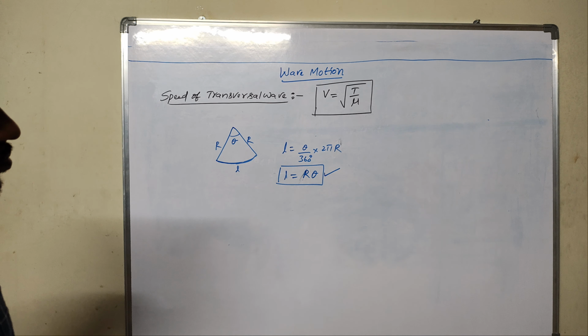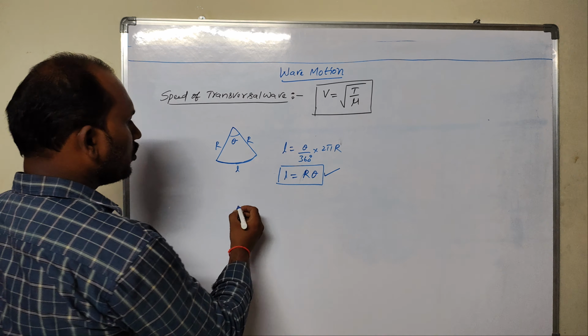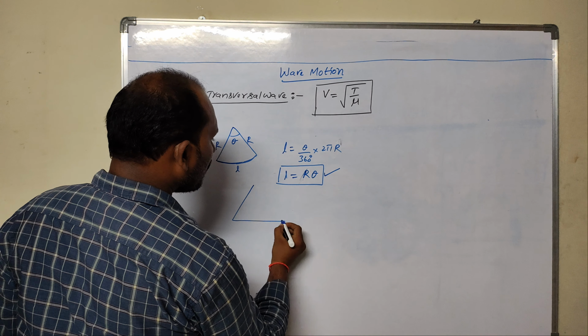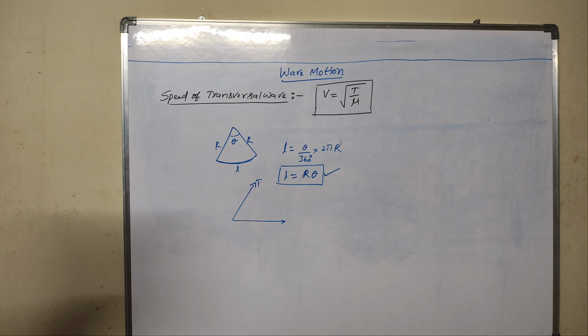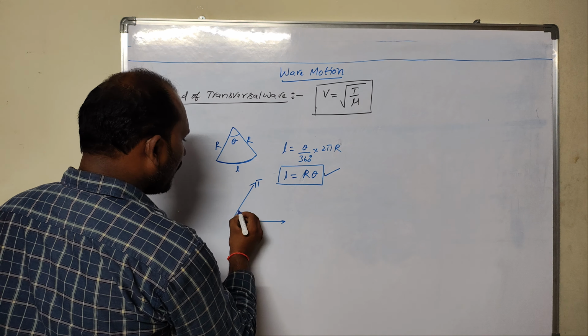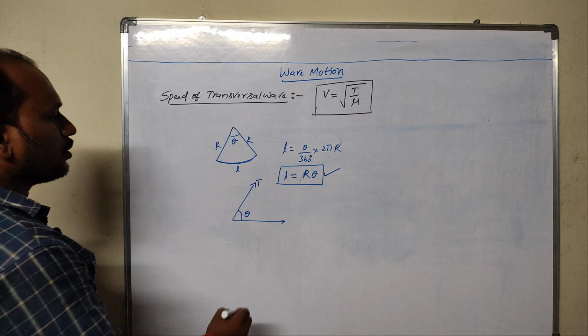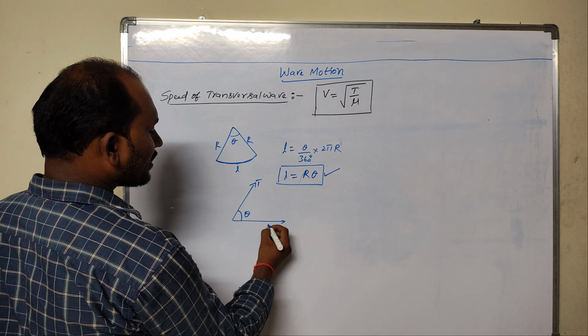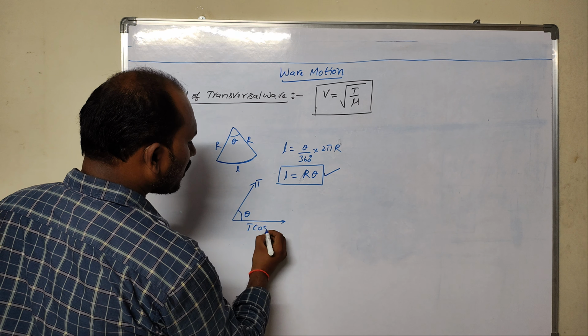Keep in mind. The second thing is that we want component resolution. Let us say T is the force acting on this, and the angle made by this one is theta. Now I want how much force is experienced along the x-axis, horizontally. The force here is T cos theta.